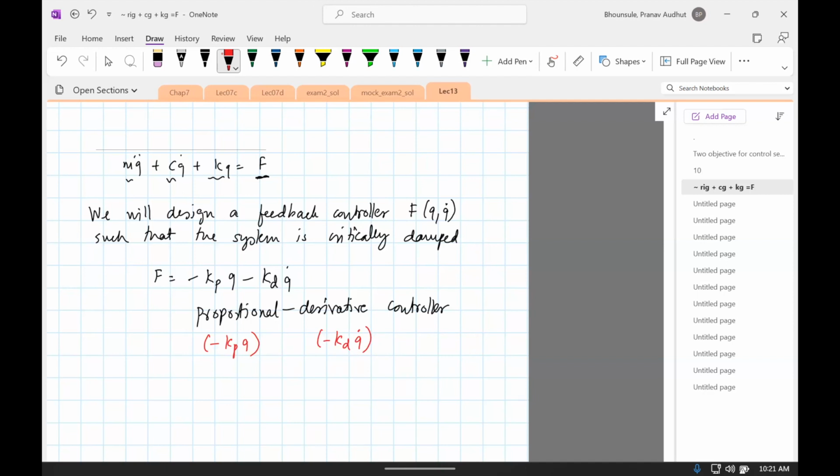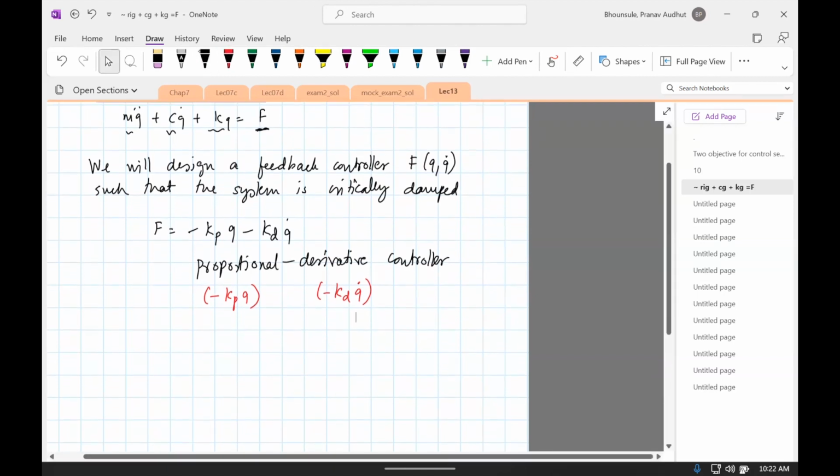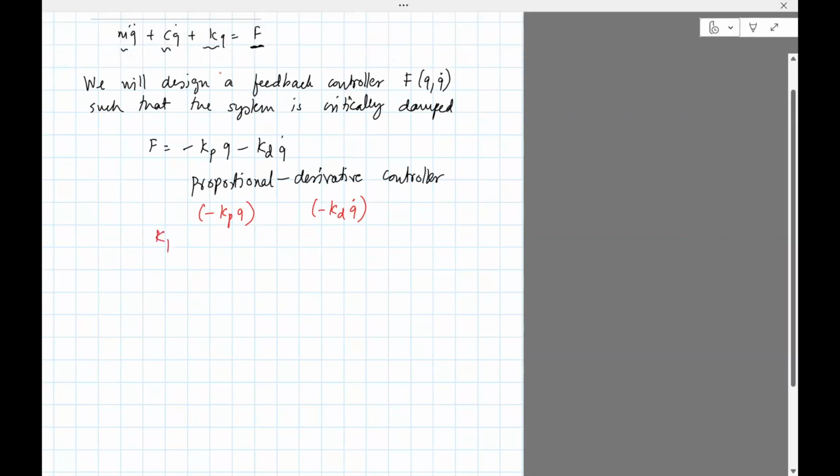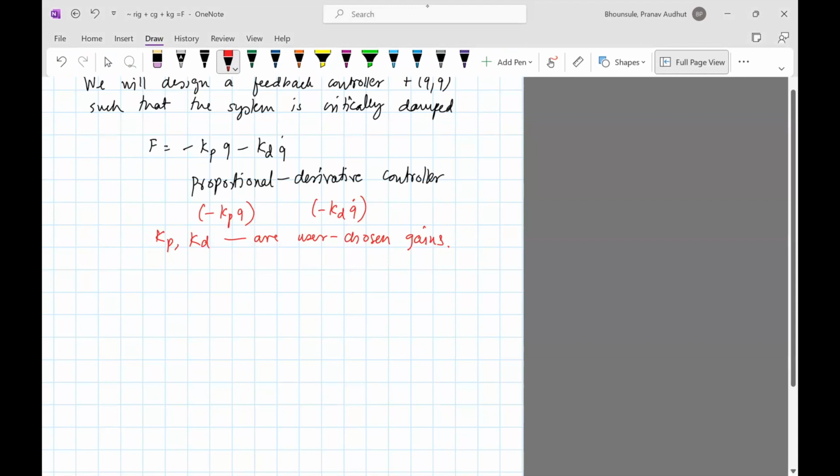You can think of the proportional part as the spring part, and the derivative part is like a damping part. Okay, and then kp and kd are user chosen gains. These are numbers you choose, and you can put whatever you want.